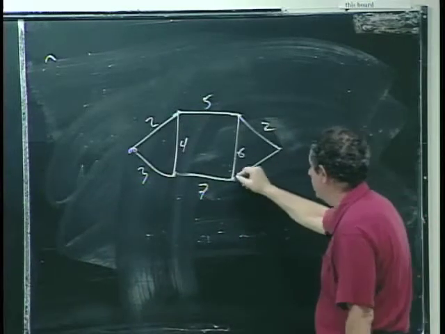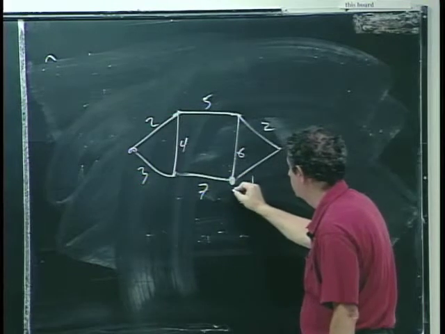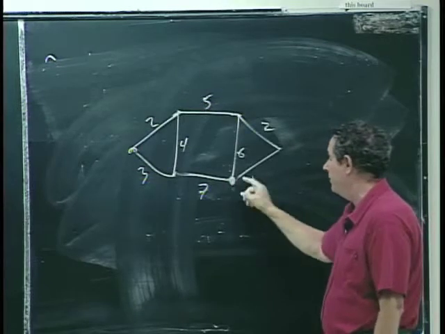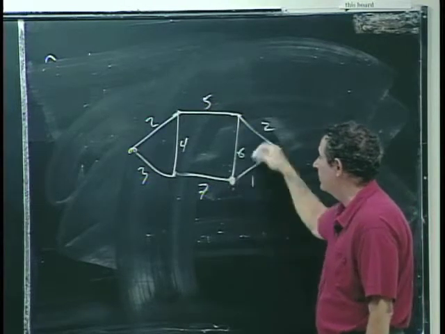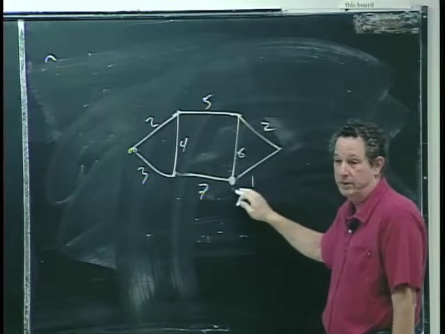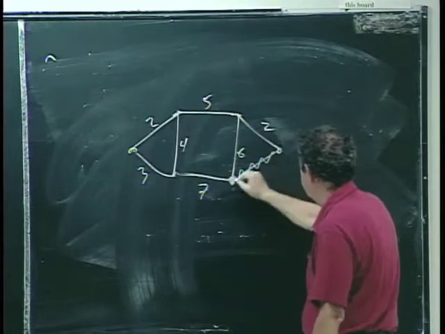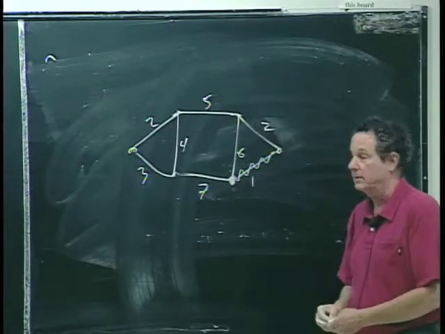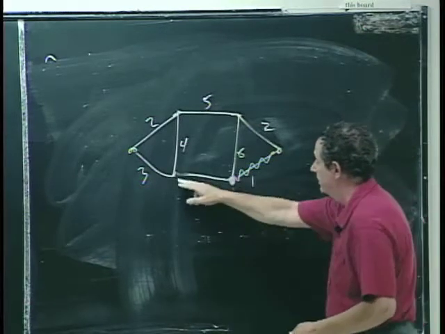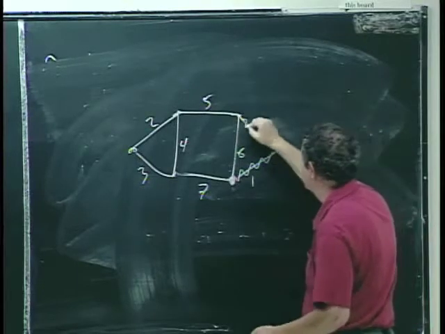Okay, so we could start here, for example, and that'll be S initially. Everything else is V minus S. So this is the minimum weight edge that crosses from S to V minus S. So we'll put that in. And now these two nodes are in S. The candidate edges that go from S to V minus S are this one and this one. Well, the minimum weight edge that crosses there is this.